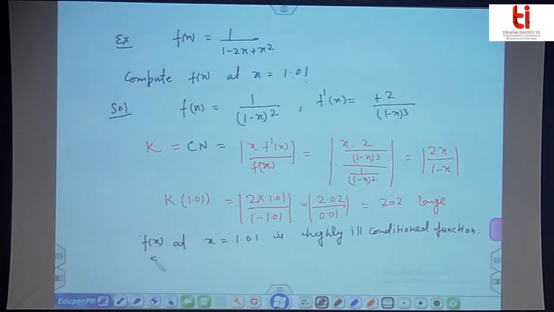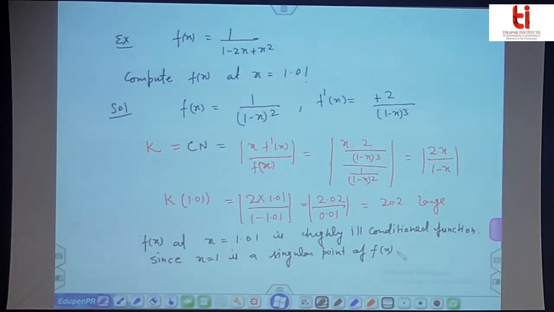Since x equal to 1 is a singular point of the function f(x). If you see, at x equal to 1 the function is not defined. That's why this one is what? That is a singular point of the function f(x).